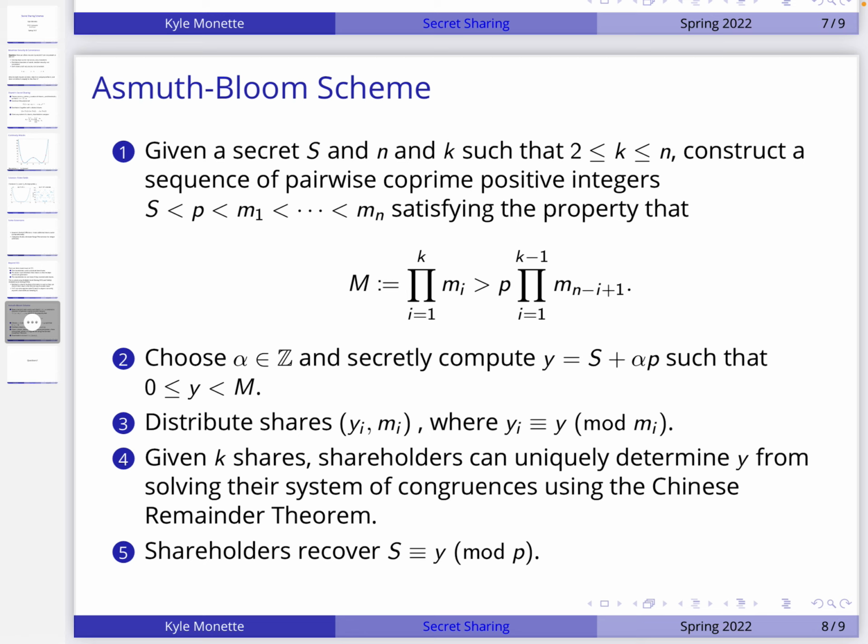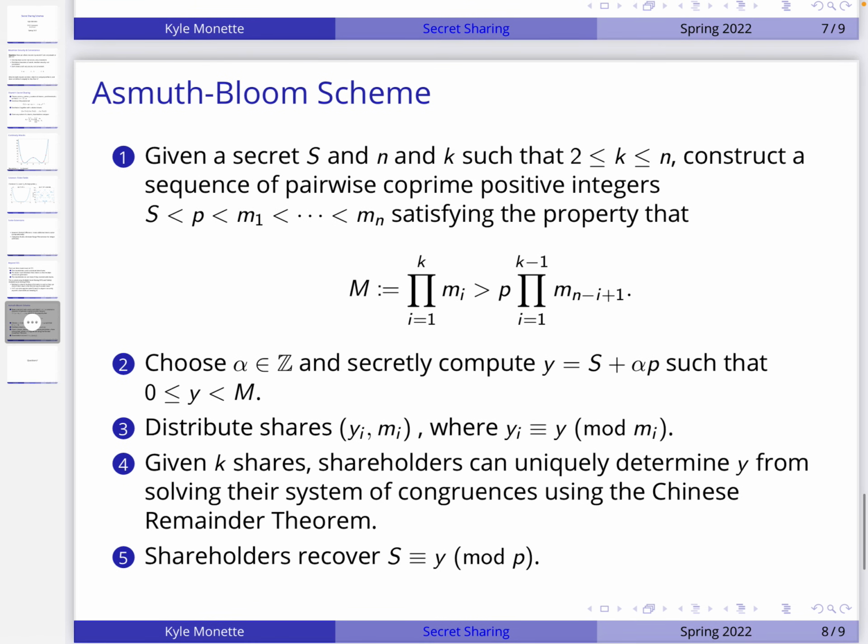Now the dealer would then choose alpha and compute and keep secret some y. They would then distribute shares where the y_i term is congruent to their secret y mod some modulus m_i. So the y_i and the m_i are distributed to the shareholders.